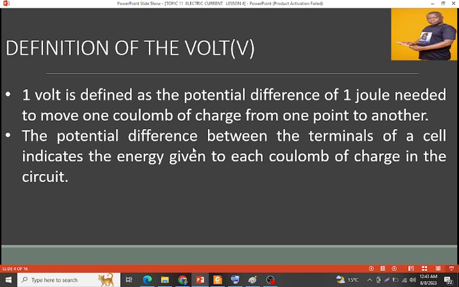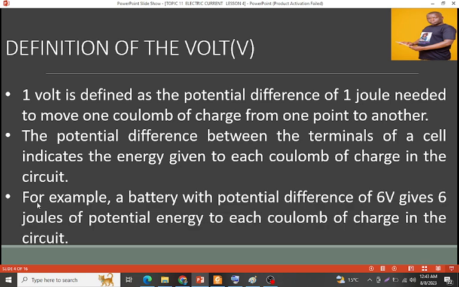So the potential difference between the terminals of a cell indicates the energy given to each coulomb of charge in a circuit. If you have seen a cell, or what people mistakenly call battery, you see they indicate the number of volts.